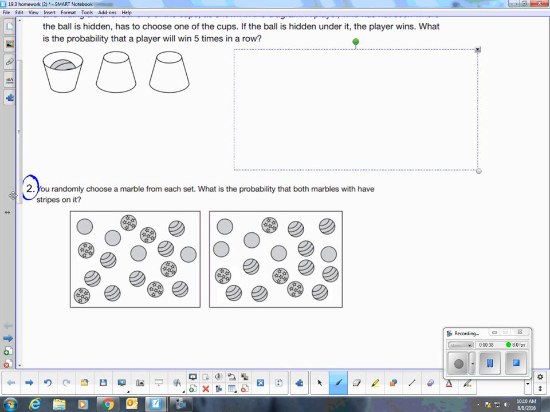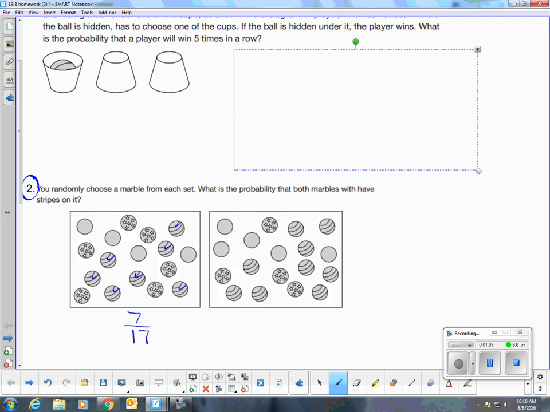So the probability of selecting a strike in the first set would be 7 out of 17.